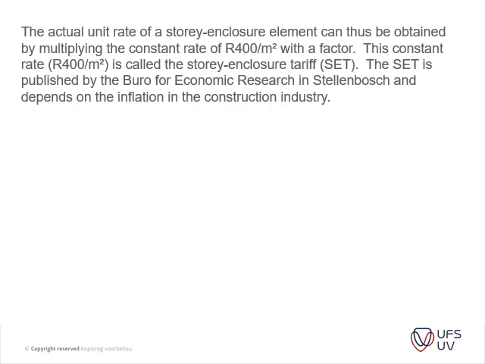Okay, the actual unit rate of a story enclosure element can thus be obtained by multiplying the constant rate of 400 Rand per square meter with a factor. This constant rate, 400 Rand per square meter, is called the story enclosure tariff, as spoken about last week. The tariff is published by the Bureau of Economic Research in Stellenbosch and depends on the inflation of the construction industry.